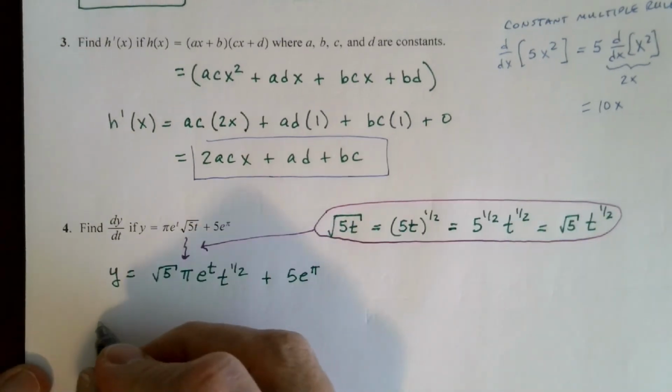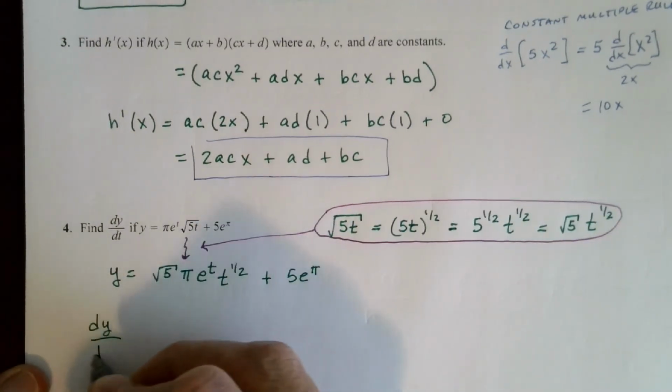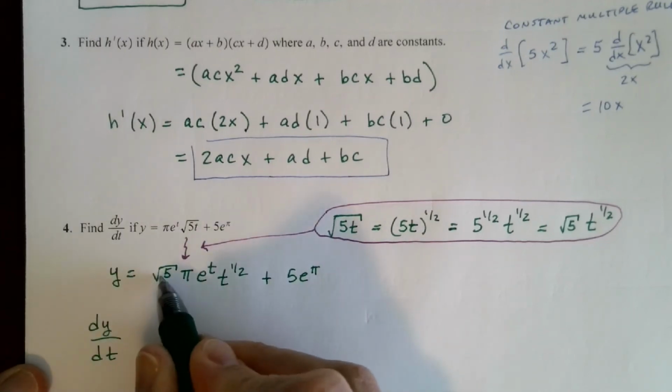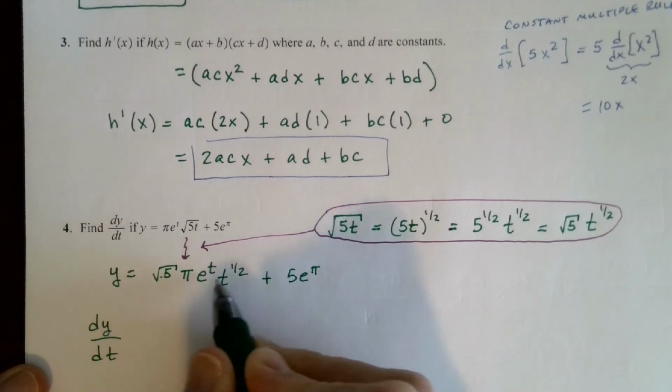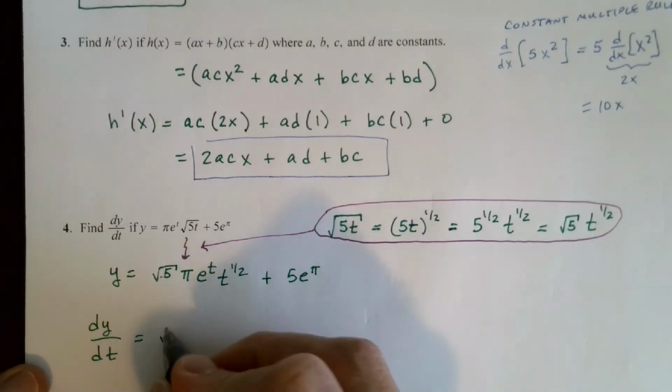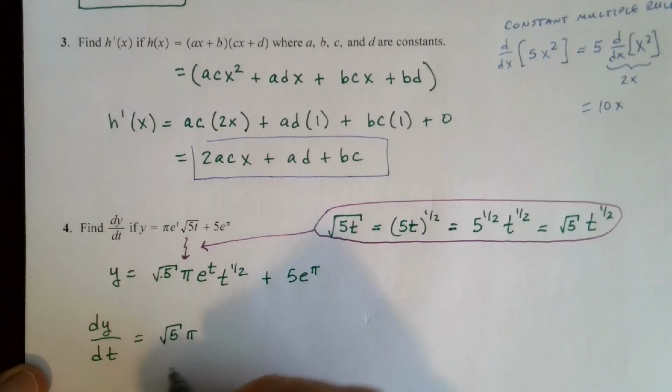Okay, so let's find the derivative of y with respect to t. So what do we say about the square root of 5 and pi? These are constants. These are a constant multiple of this. So I can pull that constant multiple out. Right, so that's a constant multiple rule. And what do I have left?